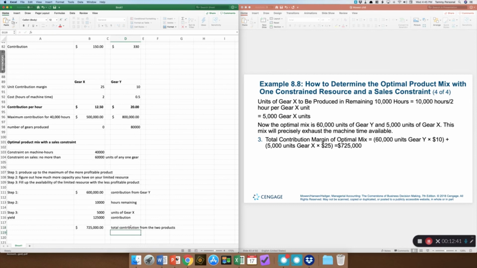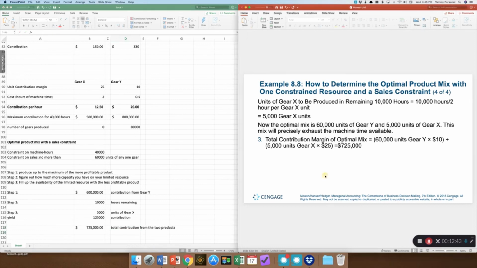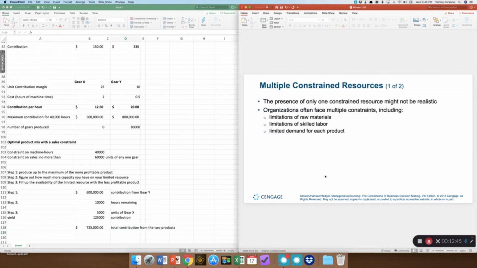Okay, and the last thing that your slides talk about is the fact that you're never going to see just one constraint. Really, you've got constraints with your raw materials, with your demand, with your skilled labor, with all sorts of things. So you're going to always have multiple constraints.